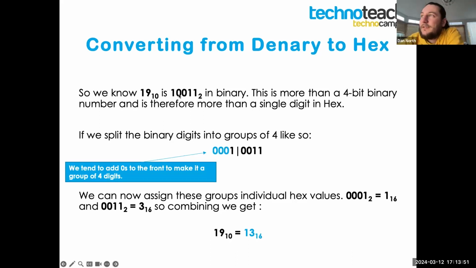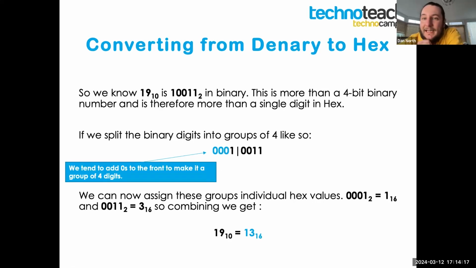So we've got 0011 is our first unit in hex, and 0001 at the start. And therefore, we just assign each of these groups of binary values their own digit, and that gives us 19 in decimal is 13 in hexadecimal.